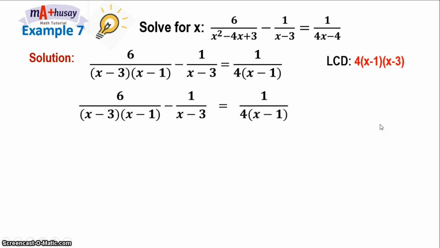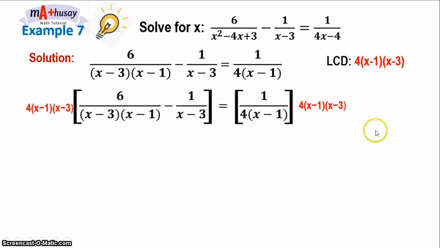So, i-multiply na natin ang LCD sa both sides of the equation. So, kapag binultiply na natin siya, so, ang LCD times the first rational expression, no, makakancel na ang x minus 3 at x minus 1. So, maiiwan 4 times 6, which is 24.